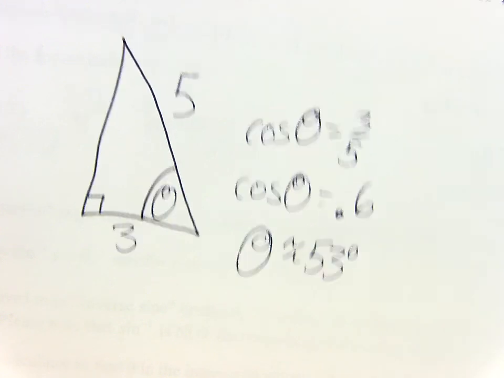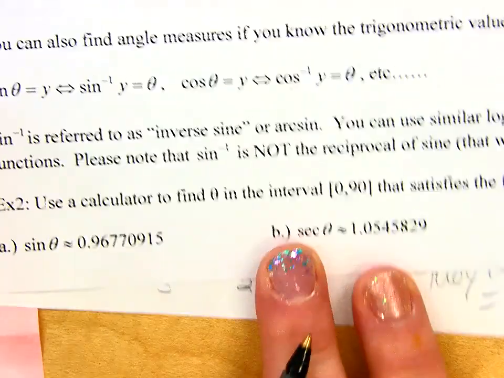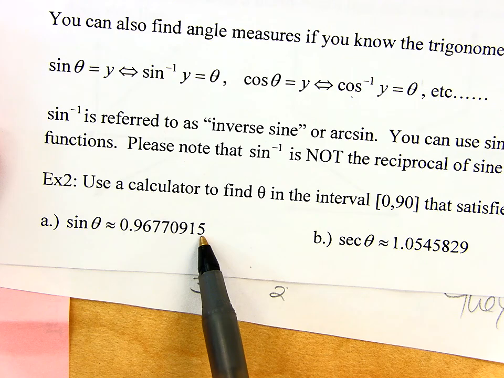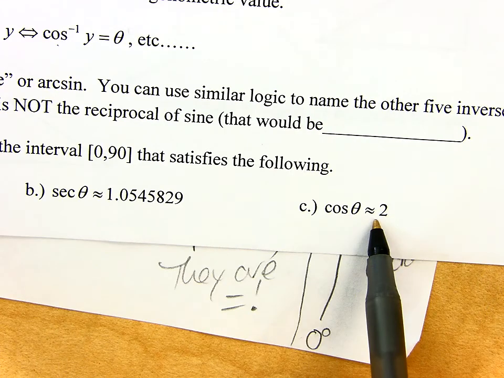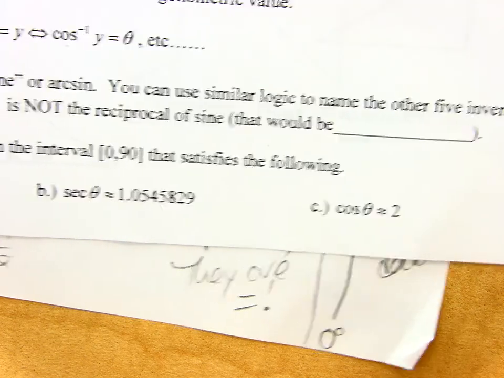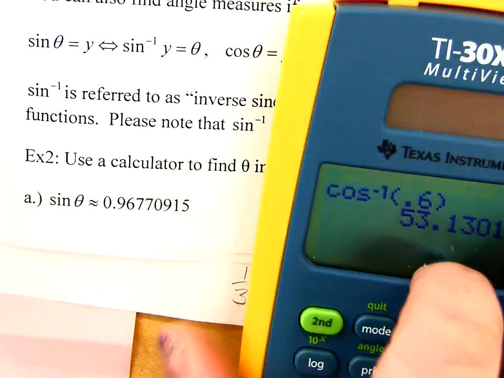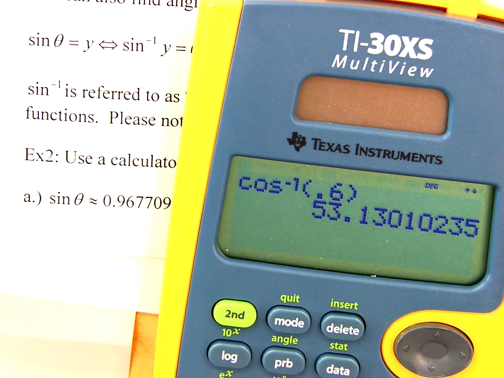Does that make sense? So if you look at the very bottom here, we are looking for who has a sine of this decimal, who has a secant of this decimal and who has a cosine of this. I guess that's not really a decimal, but that's okay. So let's try with letter A. So I'm going to, what do I push on my calculator? Second sine, and then I type in that decimal.